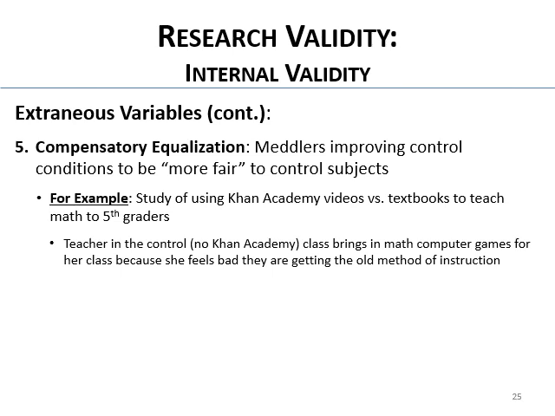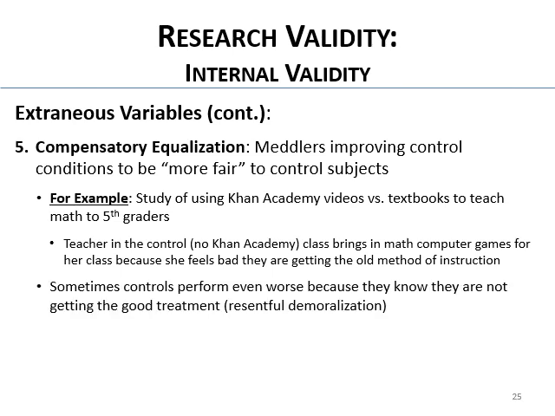And so they bring math computer games to his or her class, right? Because they feel bad that the students aren't getting the fun instruction. They're compensating, and it ends up equalizing differences between the groups, hence compensatory equalization. So sometimes what happens is the controls perform even worse because they know they're not getting the cool treatment, right? They can hear the videos next door. And again, that's what we called resentful demoralization earlier.